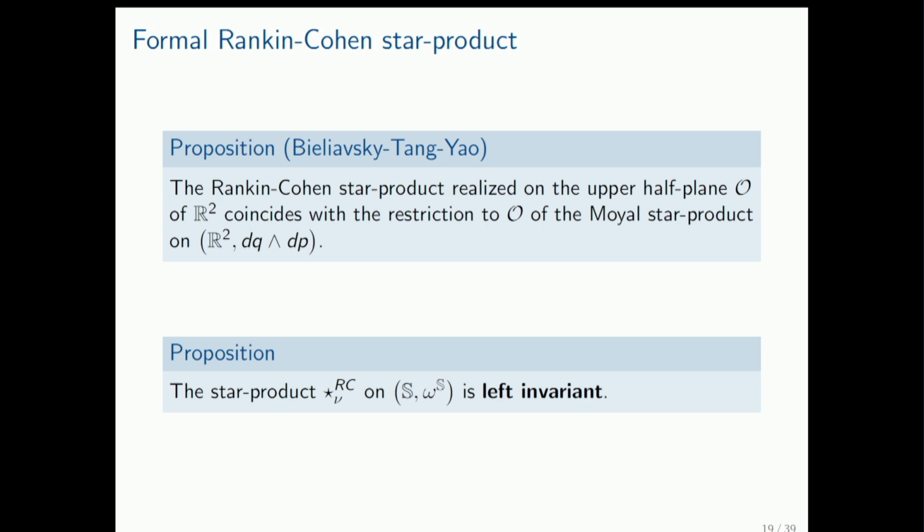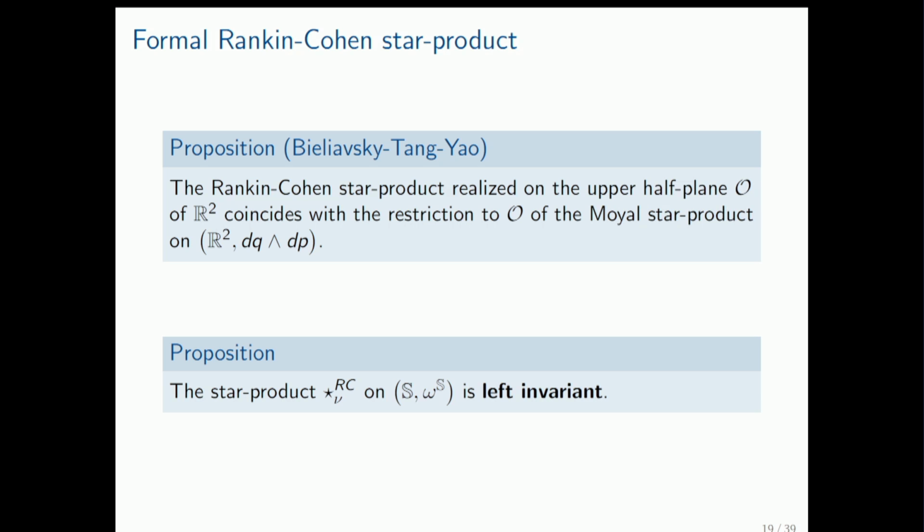So here you have a construction based on Rankin-Cohen brackets in order to have a star product on S, and this star product is related to a restriction of the Moyal product.